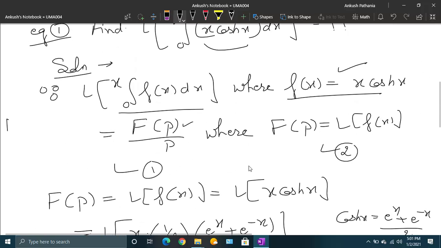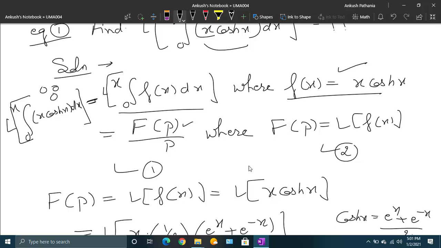I was looking for the Laplace of f(x), or that is Laplace of integral 0 to x of x cos hyperbolic x dx, which is equal to this Laplace. Let me just write it correctly. Yes, here it is. So this Laplace is equal to F(p) upon p, and F(p) I have now found.